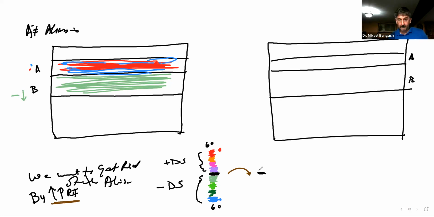It still remains the same. The colors in your color map do not change as you increase the PRF.